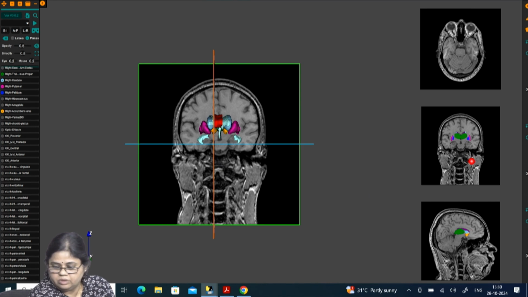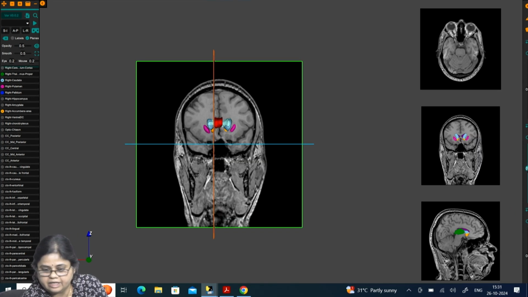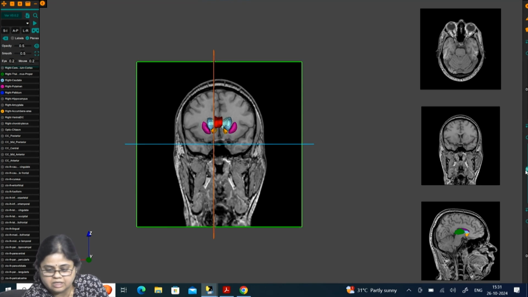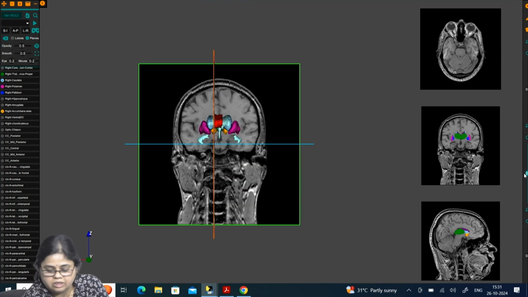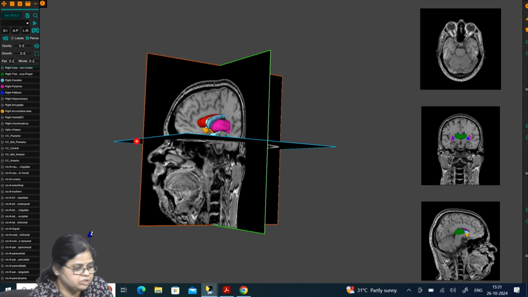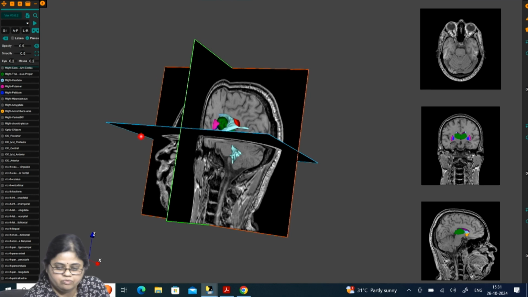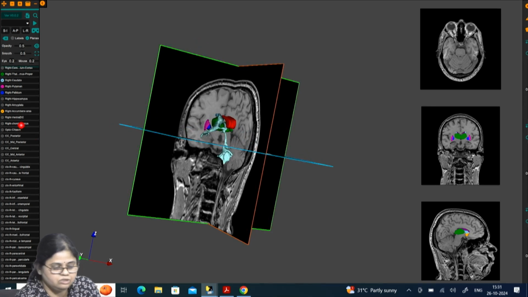So what I will do is go a little more to the front to appreciate the same. This is the anterior aspect where you are mainly appreciating the ventricle in blue and the caudate nucleus. If you go a little back, you will see that a green color starts appearing. Let's look at the back of it by rotating, because when you look from the front you're not appreciating it. When you look from the back, you will see its relation.